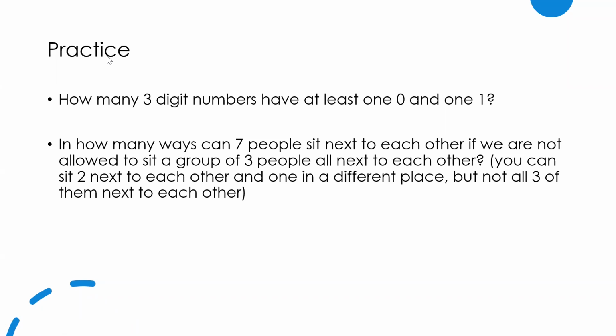Basically, a COVID-19 situation. Wait, but you have to sit together. If you have a group of 3 friends, you can't have all the friends right next to each other. You can have 2 of them next to each other, but you can't have all 3 of them.